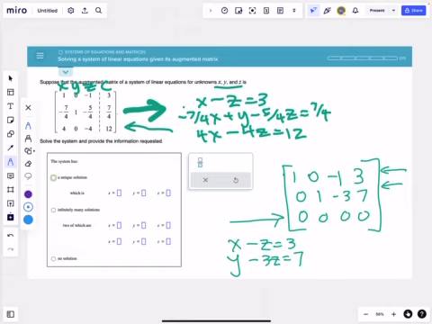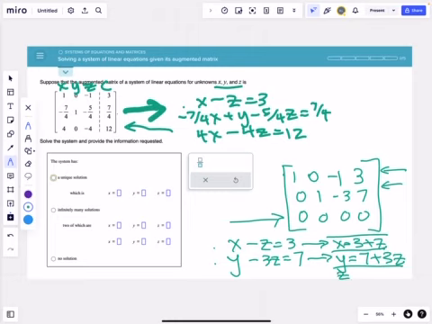Okay, notice that we can easily solve for x and y in terms of z. So we can say that x is equal to 3 plus z. And we can say that y is equal to 7 plus 3z. Okay, and so I can put my x value in, I can put my y value in, and they're all in terms of z.